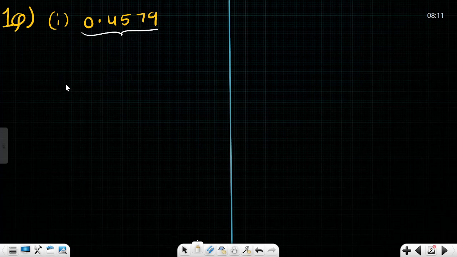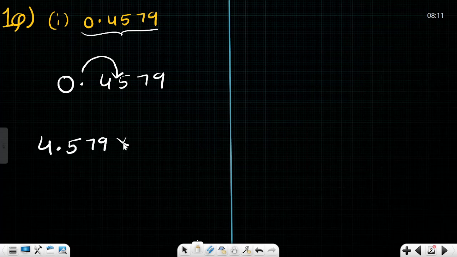So if I bring this point here, then the number will be in between 1 and 10. Therefore, I will write it as 4.579 into 10 power minus 1, because I want my point to go back one place, not go ahead, go back. Therefore 10 power minus 1. Is this clear? This is the standard form.